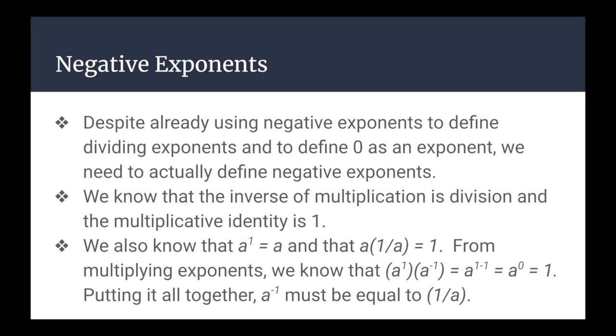From multiplying exponents, we know that a to the 1st power times a to the negative 1st power is equal to a to the power of 1 minus 1, which is equal to a to the 0th power, which we now have defined as equal to 1. So putting it all together, a to the negative 1st power must be equal to 1 divided by a.